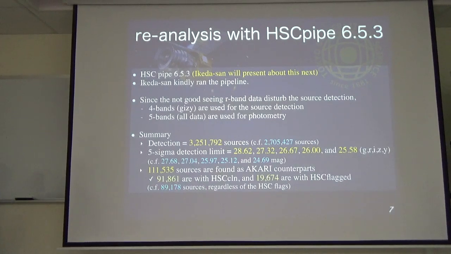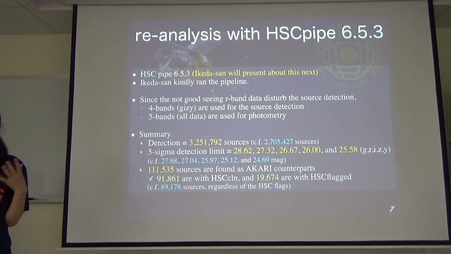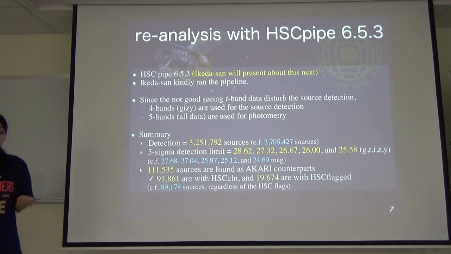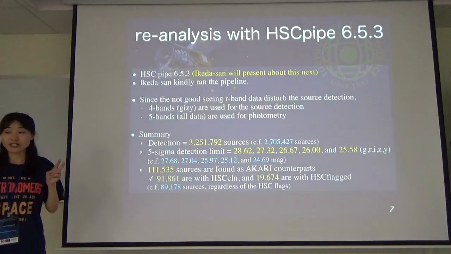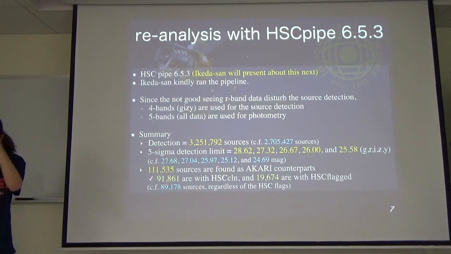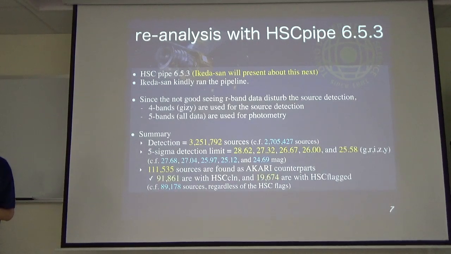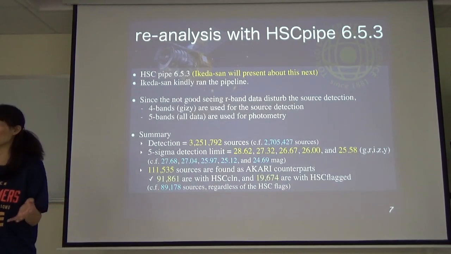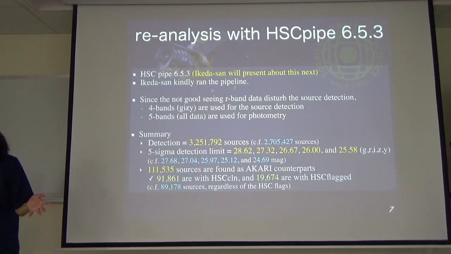But of course, we need u-band data for the u-band photometric data. So independently, we made another catalog, a so-called photometric catalog, which has all the potential sources. The whole potential sources include every detection.